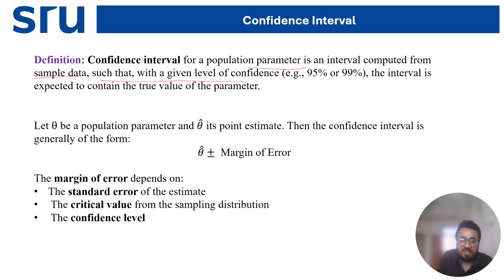Then the confidence interval is generally of the form theta cap plus minus margin of error, and this margin of error depends on three things: the standard error of the estimate, the critical value from the sampling distribution, and the confidence level.